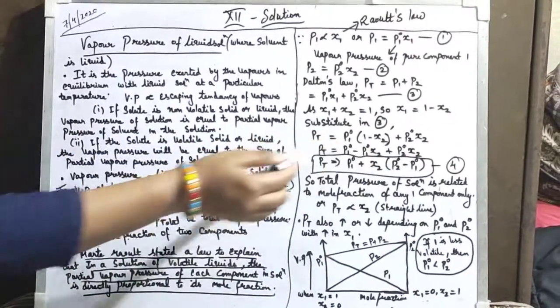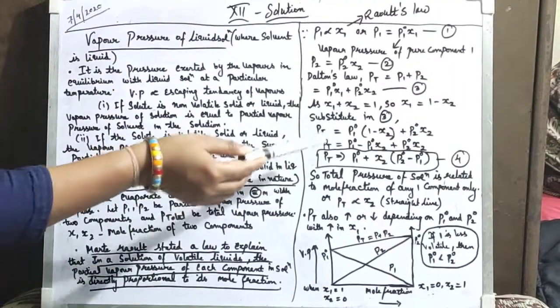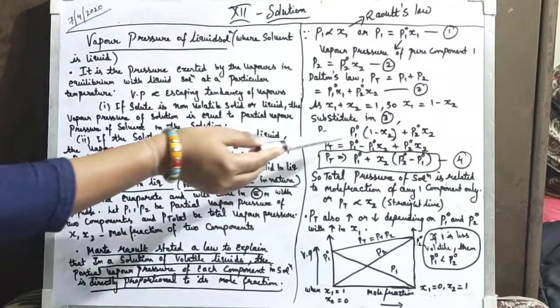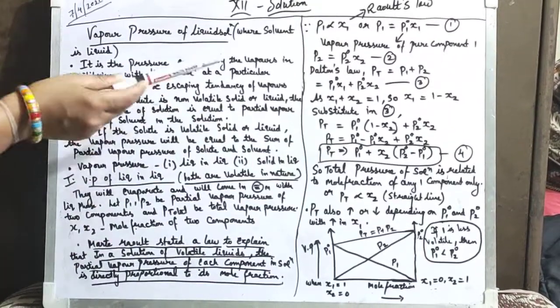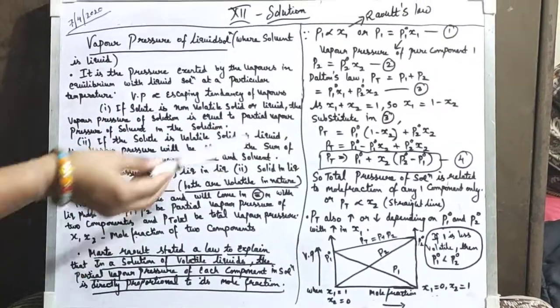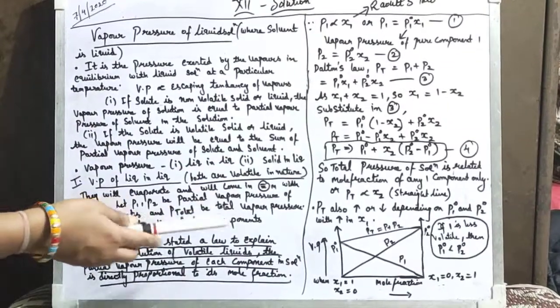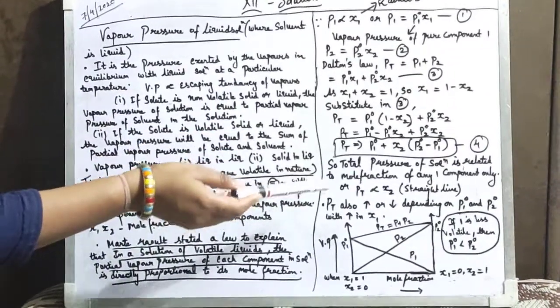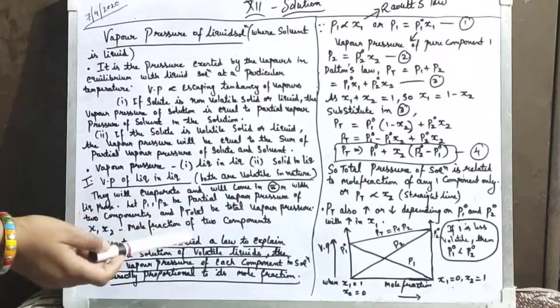So this is the expression stating the total pressure of the solution with respect to the mole fraction, and you can see from the expression that only one component needs to be calculated in the form of mole fraction to get P total, right? That's why P total is proportional to the mole fraction of any one of the components.